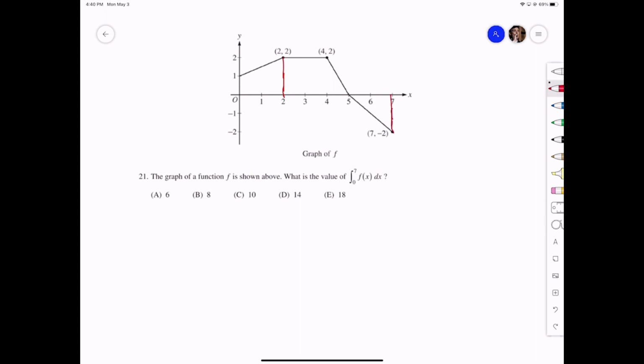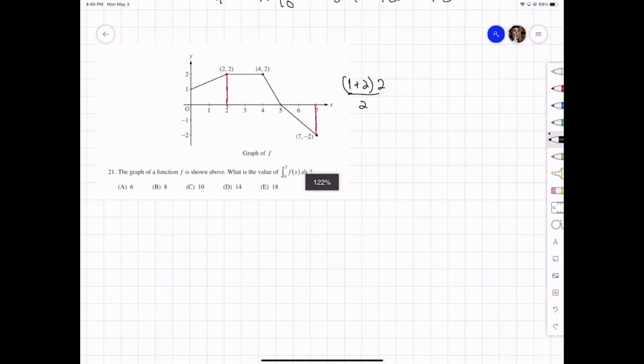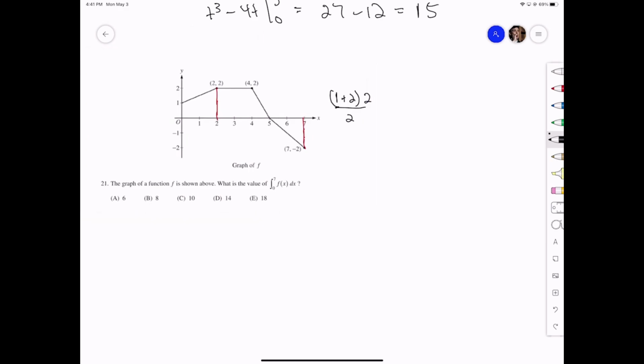So the area of this first trapezoid is 1 plus 2 times 2 divided by 2, which is 3.